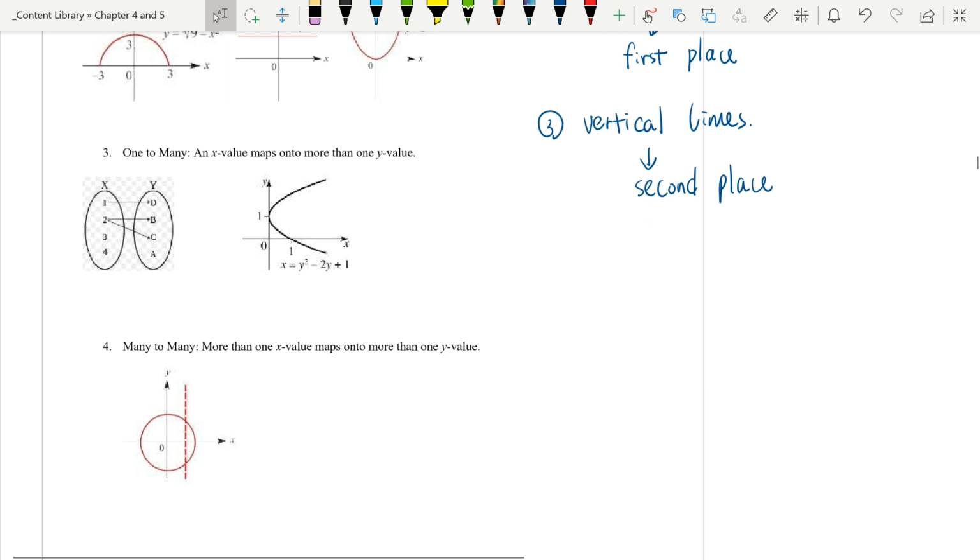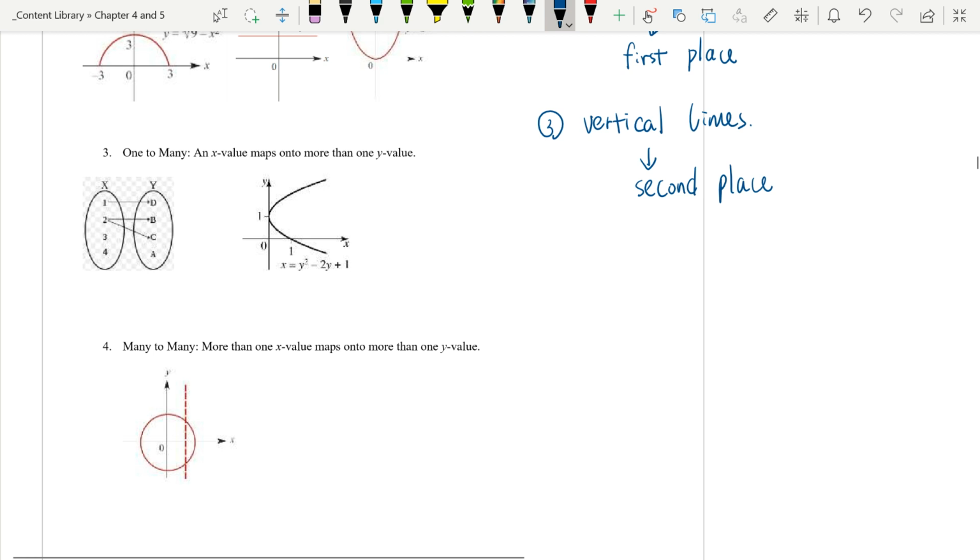Twice, and once here, but somewhere it intersects more than once. And here? Twice. So those two will have a many on the second bracket.